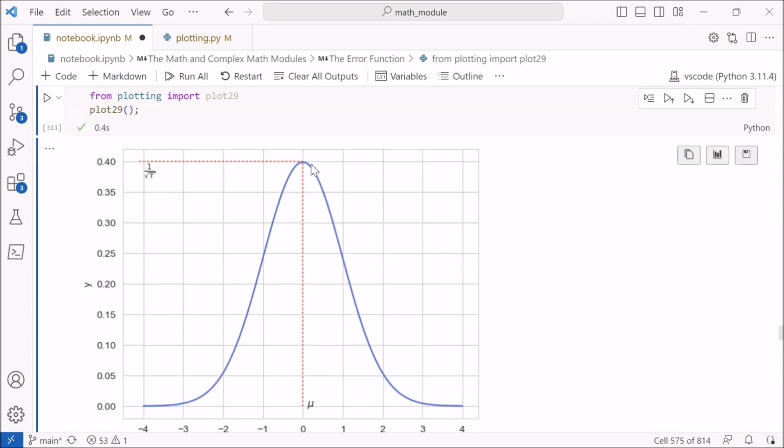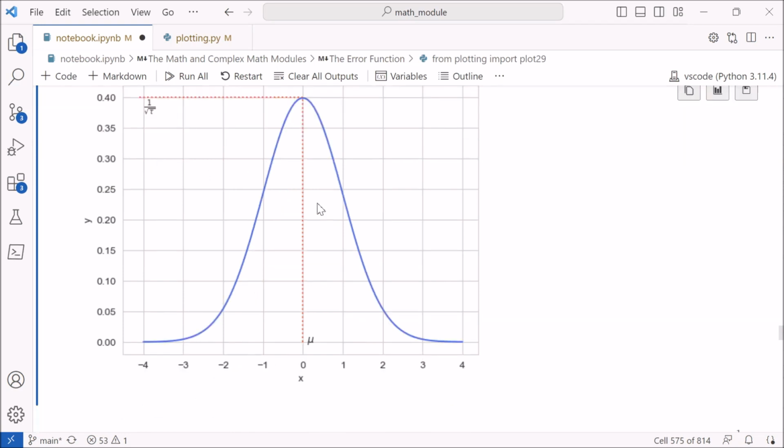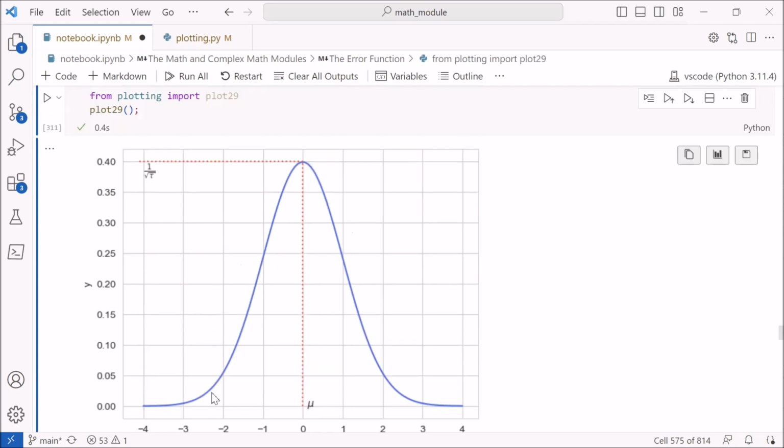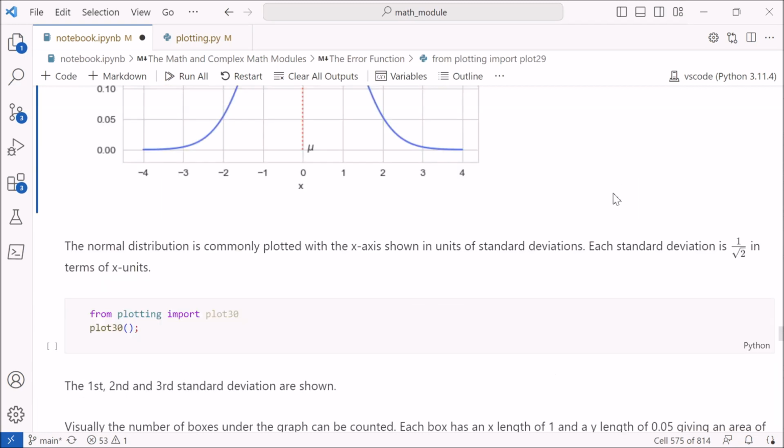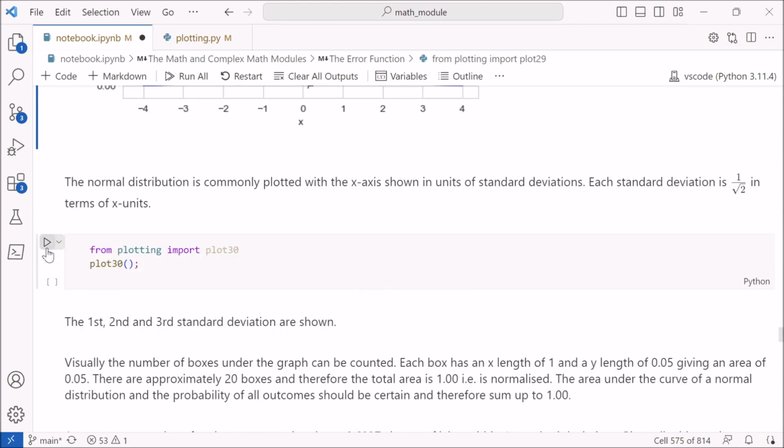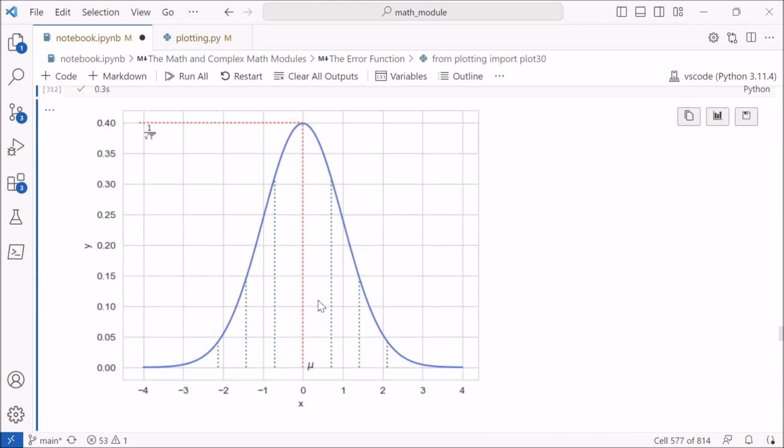Here's the normalization factor, and you can see that it rapidly decreases down to 0 on both sides. Each standard deviation is 1 over the square root of 2 in terms of x units, so we can plot the first, second, and third standard deviation here.